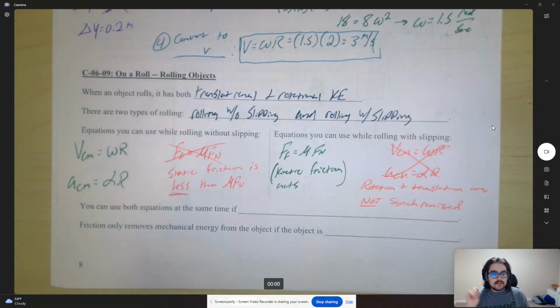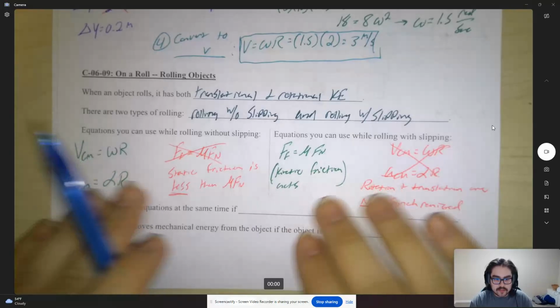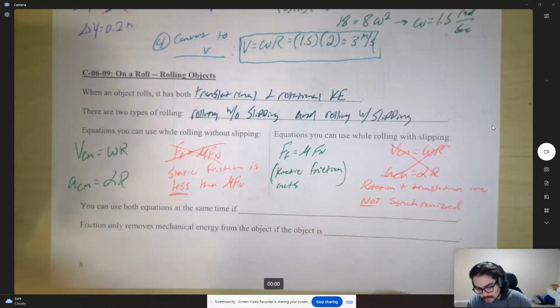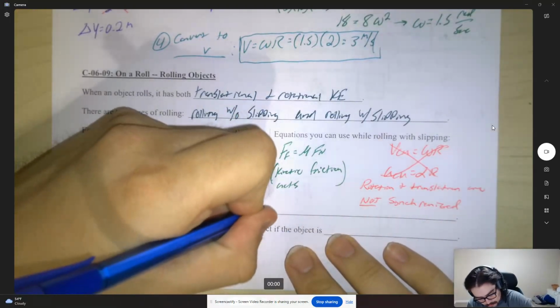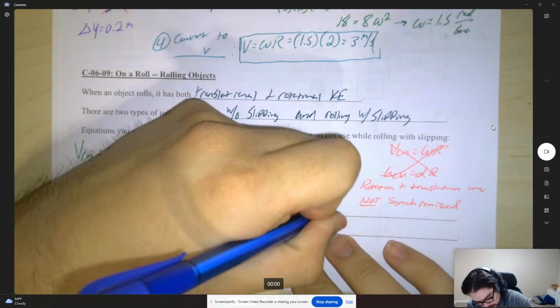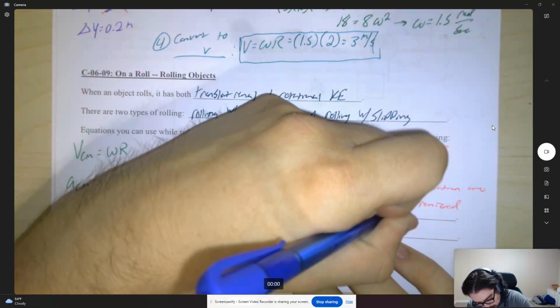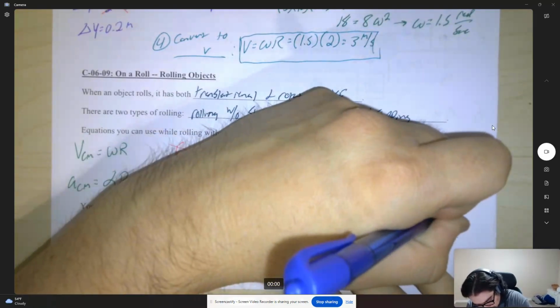There's only one case where you can use all these equations at the same time, and that's if you know static friction is about to break.